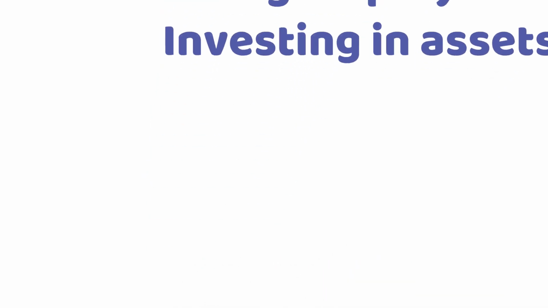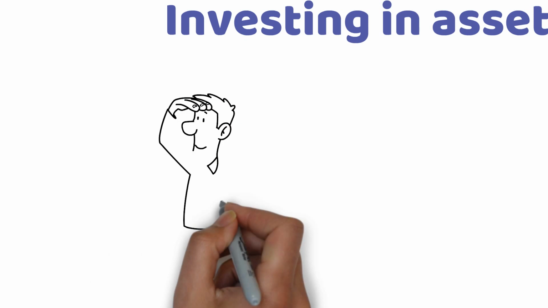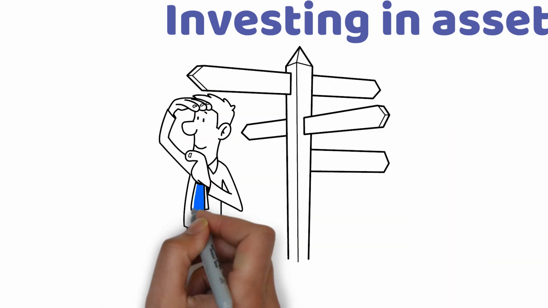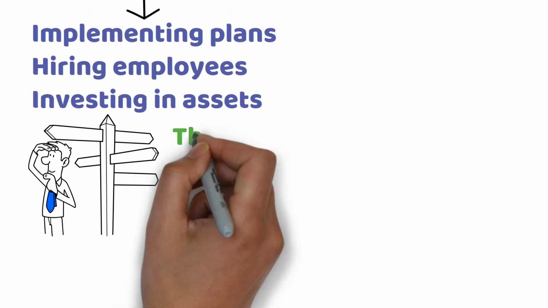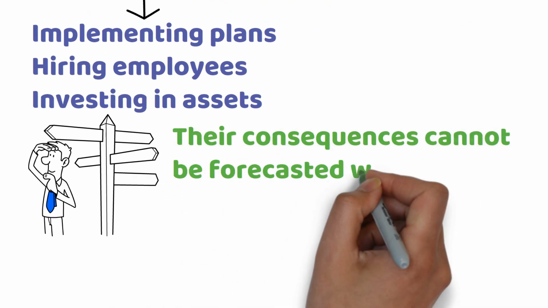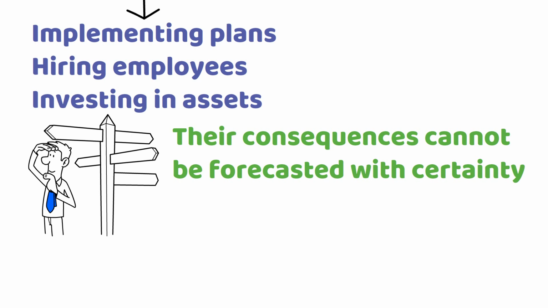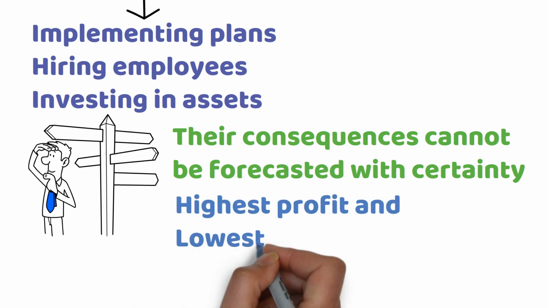Many times, managers have 2 or more alternative options or solutions for a particular problem, and their consequences cannot be forecasted with certainty. In such situations, managers need to decide the best option out of them, because for any problems, it may be reasonable to consider the best alternative, which results in the highest profit and lowest cost or loss in the long run.